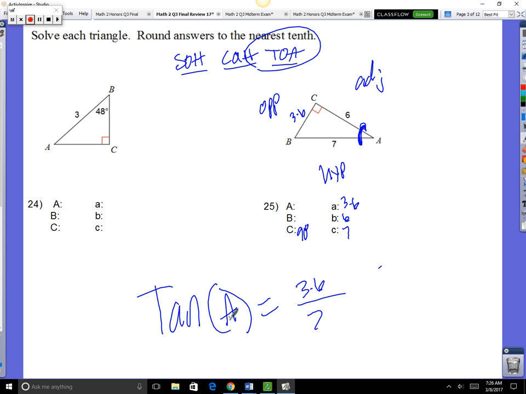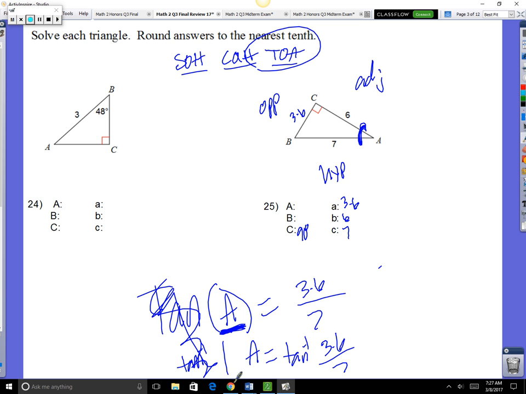So if you want to find the angle, this is what I got to solve for. I want angle A, so now you've got to undo the trig. And the only way you can undo trig is you've got to inverse the trig. So I've got to do tangent inverse on this side, and that kills tangent.